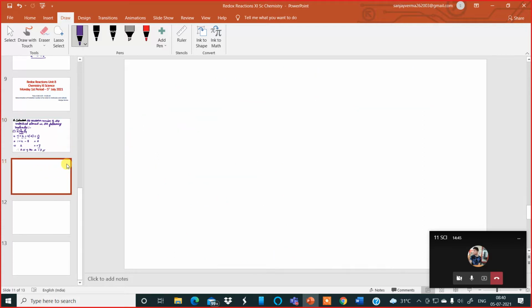Now number 2, subpart 2. I am writing down the formula: Na2S2O3. The name of this compound is sodium thiosulfate.